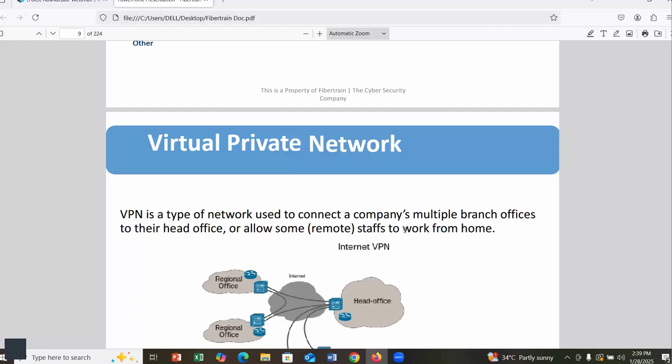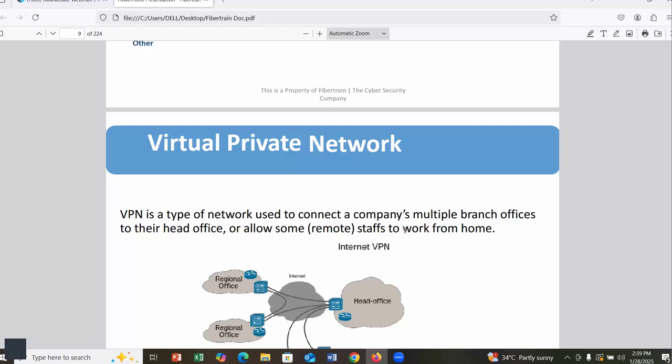Imagine we are working for an organization that has a head office in one location and a branch office in another location. When you are connecting the head office to the branch office, there must be what we call a VPN.